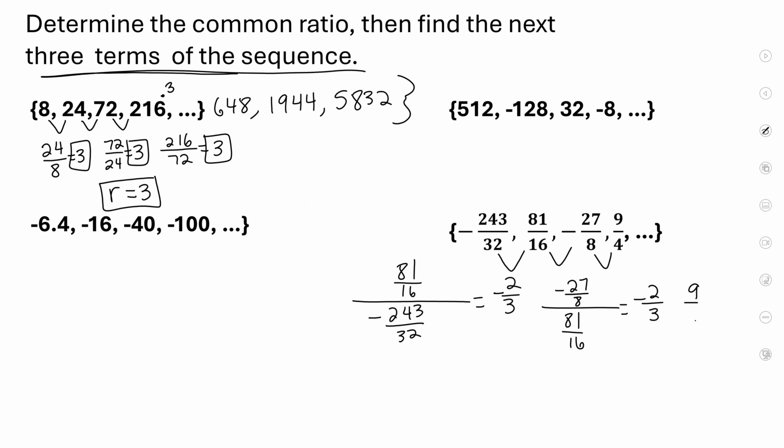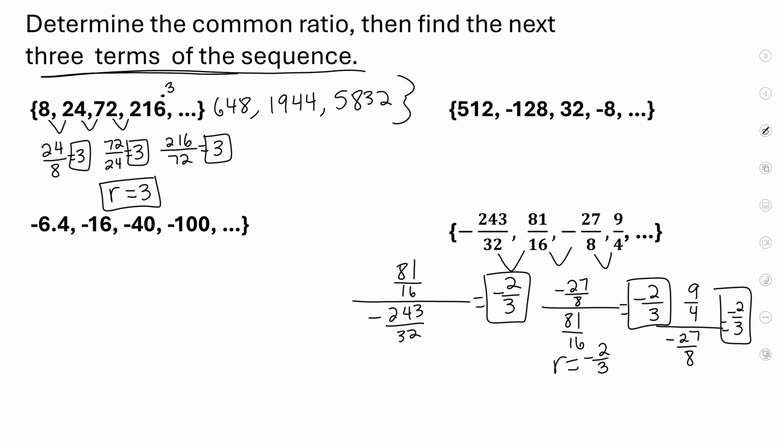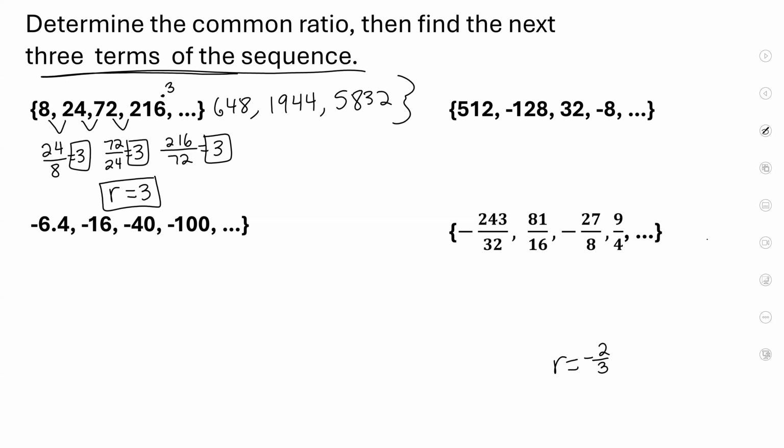9 over 4 divided by negative 27 over 8. You get negative 2/3. Because I got the same ratio every single time, this is a geometric sequence. So my r value is negative 2/3. Using my r value, I can now find the next 3 terms.